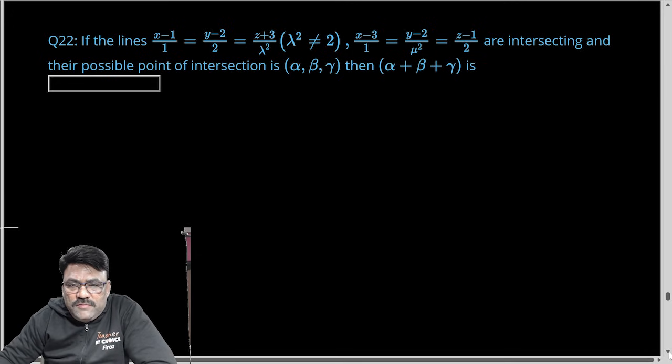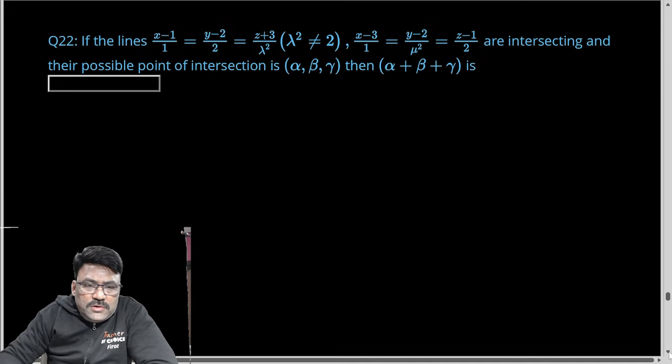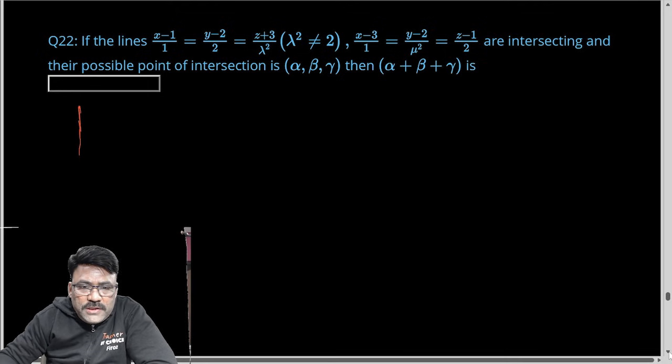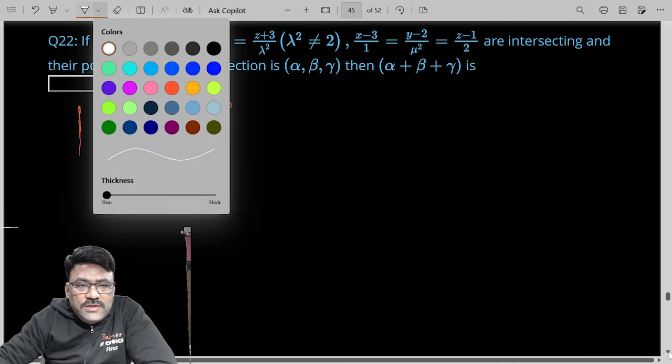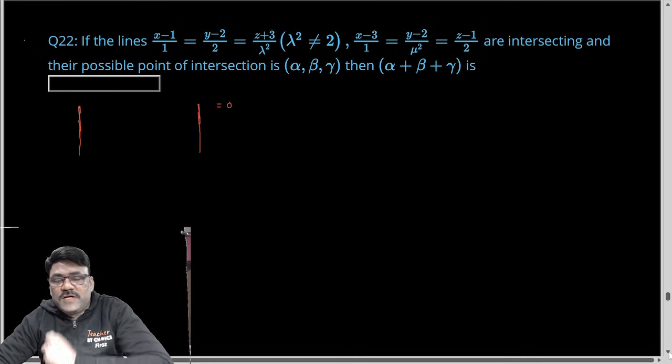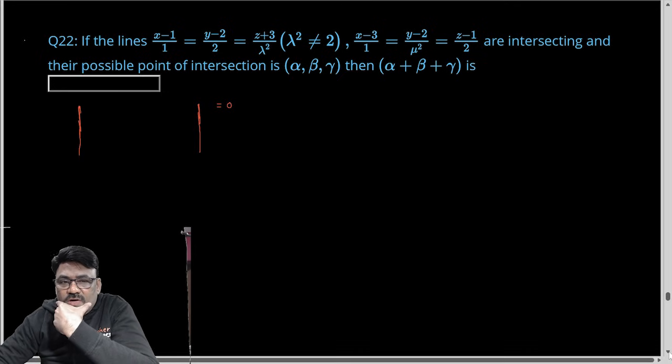First, since they are intersecting lines, let's use the condition for coplanar or intersecting lines. Let's say the first line is x minus x1 over a1, y minus y1 over b1, z minus z1 over c1.